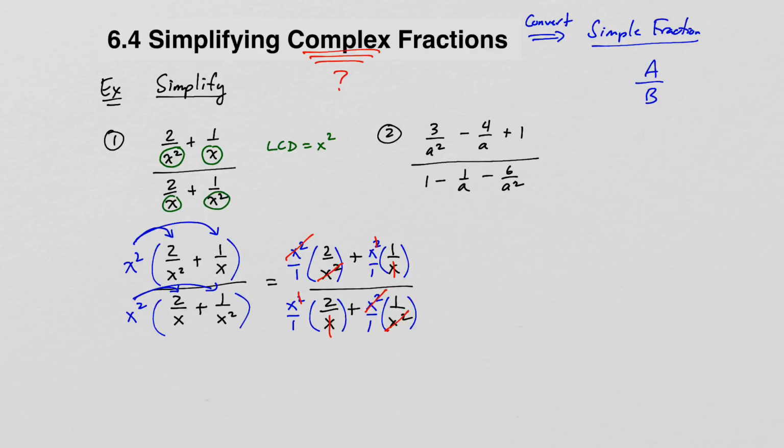And so what you have left here is 2 over 1, which is 2, plus what we have left over here is x times 1, which is x. In the denominator, we have x times 2, which is 2x, plus, and then here all we have left is 1 over 1, which is 1.